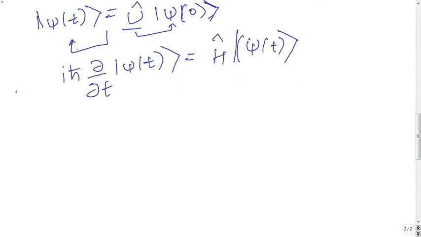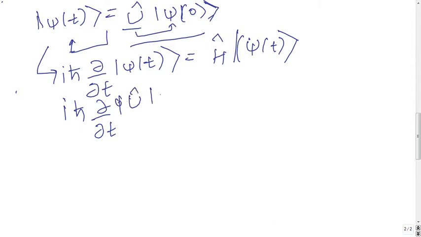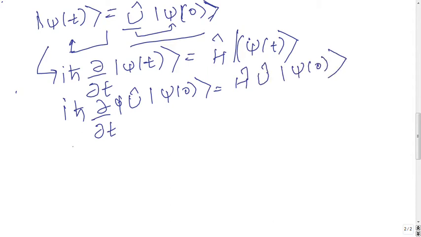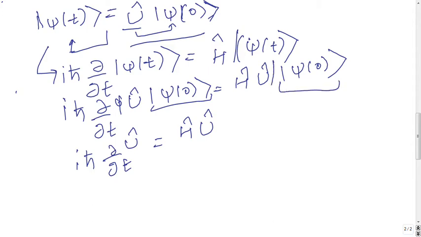And if we substitute xi of 0 in this left hand side, this would become an equation involving U only, if we note that both these things cancel in a sense.